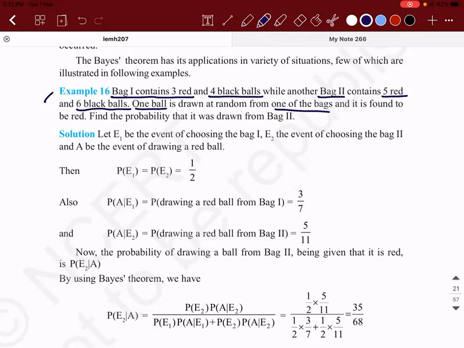Let E1 be the event of choosing bag 1 and E2 be the event of choosing bag 2. Now tell me one thing. What about E1 intersection E2 and what about E1 union E2? What can I say about the intersection of events 1 and 2?